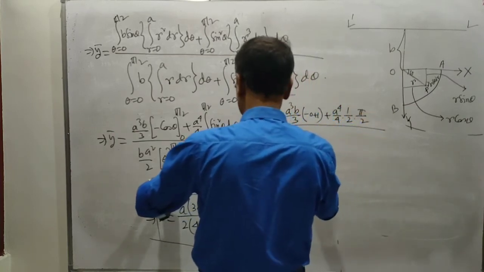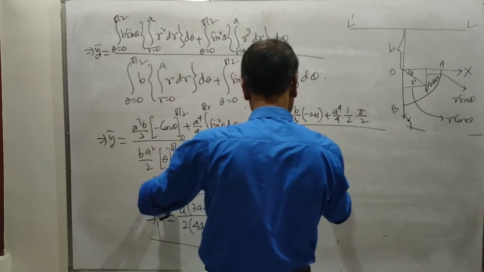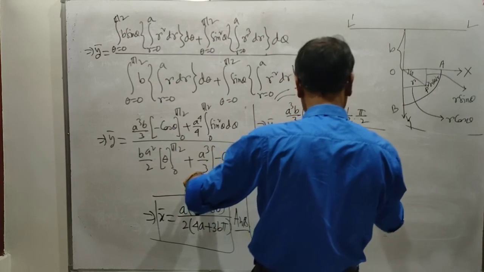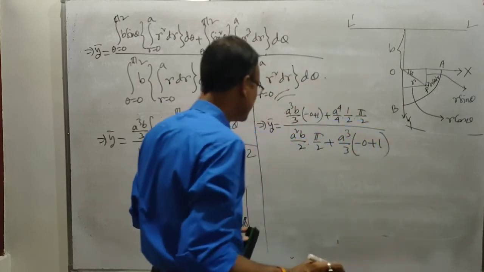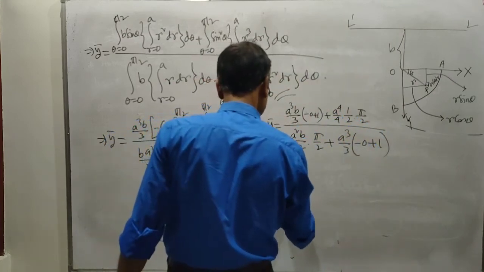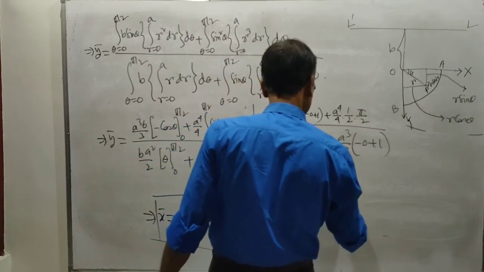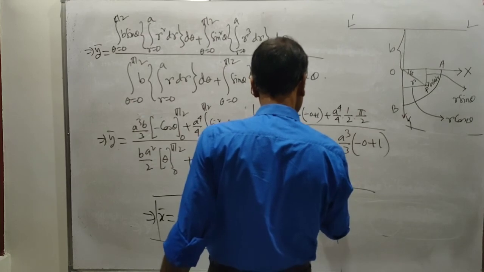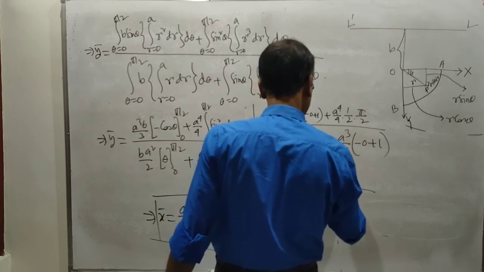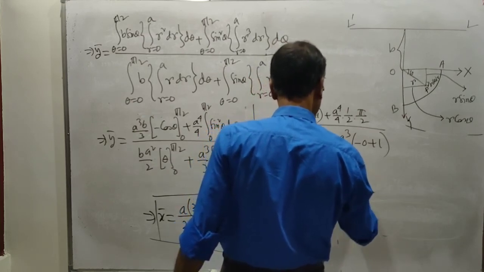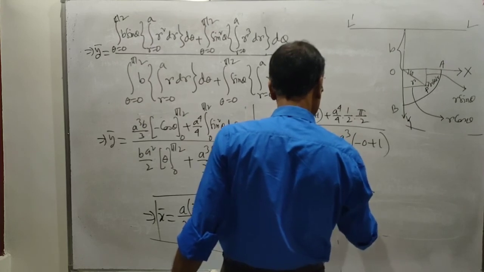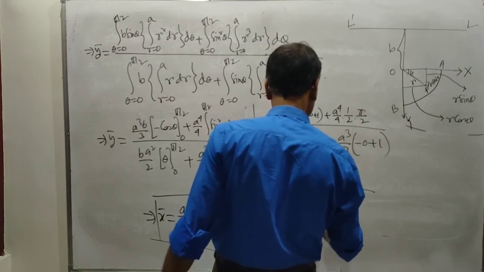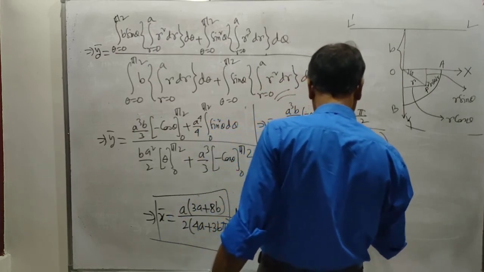It is a square b by 2 into pi by 2, plus a cube by 3 minus 0 plus 1. This means y bar equal to a cube b by 3 plus a to the power 4 pi by 16, divided by a square b pi by 4 plus a cube by 3.